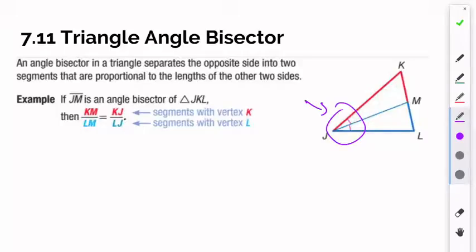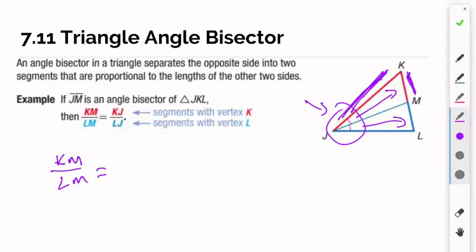So what that means is, when you have an angle bisector, if you look at the sides opposite of this thing, so that would be KM over LM, that is going to be equal to the sides that go along with those. So notice that KM is on this side of the triangle, then this side that goes along with KM.